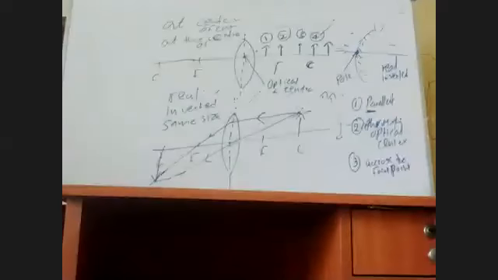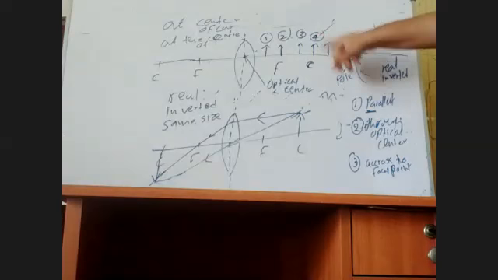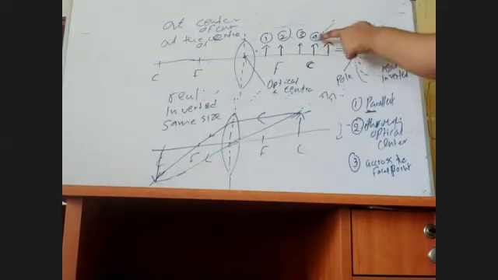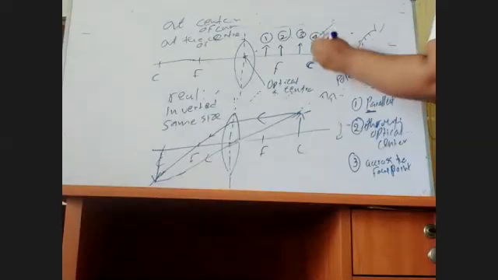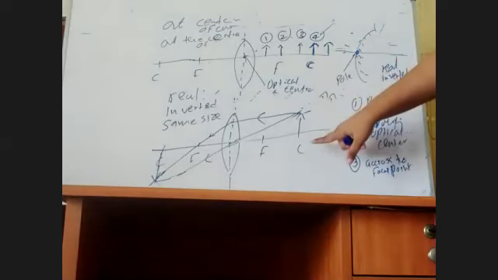Okay. Still others are drawing. I will explain what we have done to our newcomer, Nitesh. Okay, Nitesh, what we did now is we positioned the object at the center of curvature and drew a ray diagram.